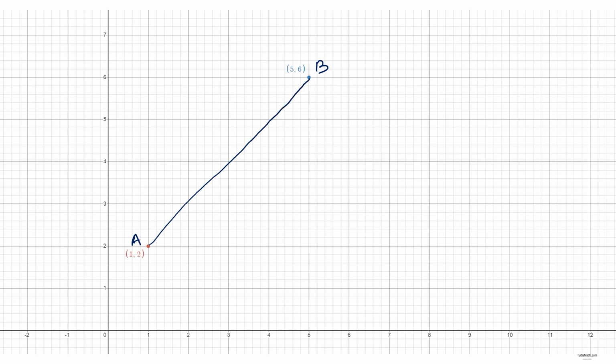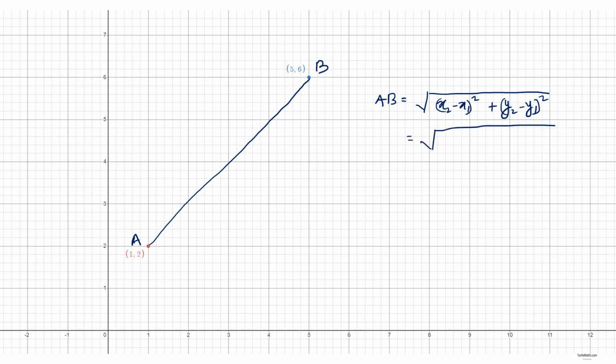So the distance formula says the distance between points A and B will be given as the square root of (x2 minus x1) square plus (y2 minus y1) square.